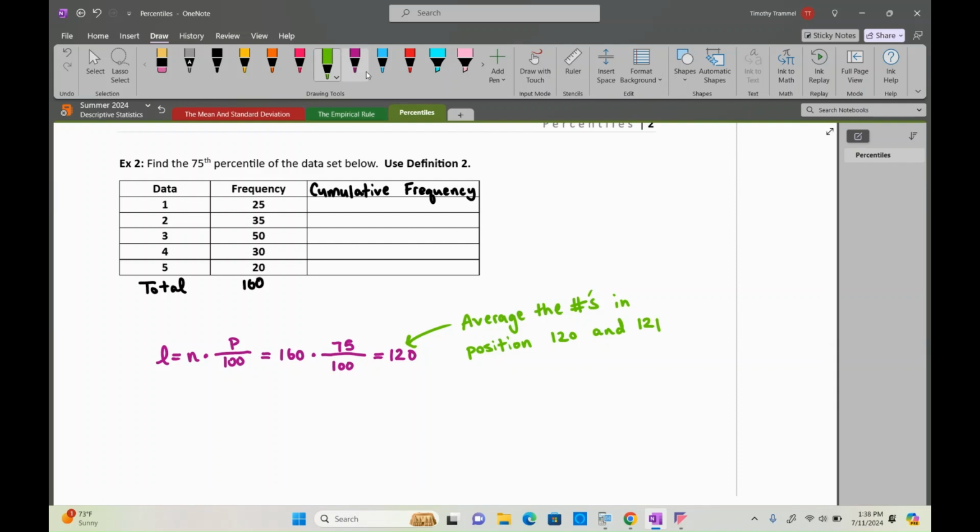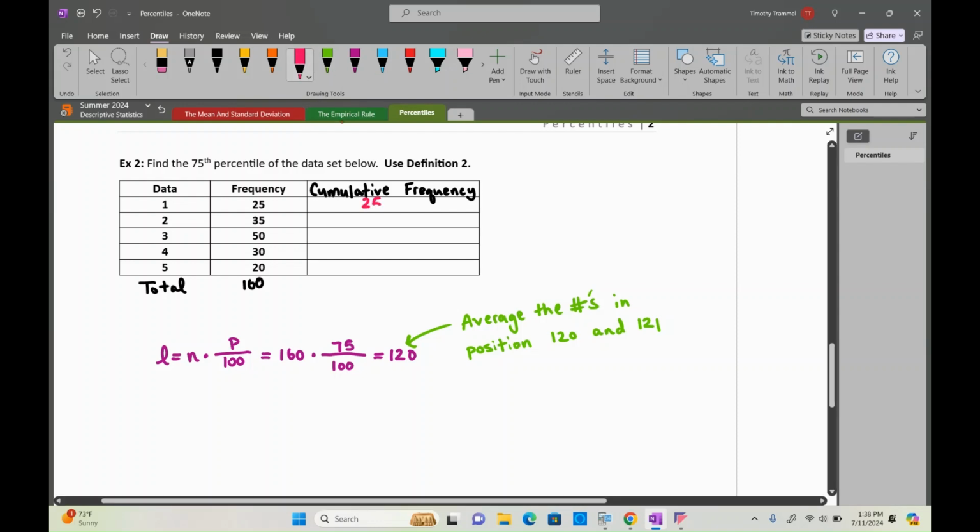So if we just wrote down all of our ones, we'd have a total of 25 numbers. Okay. If we wrote down the ones and the twos, we'd have a total of 60 numbers. So all I've done so far is I just added the 35 to the 25. Now if I add 50 to what I currently have, I'll get 110.